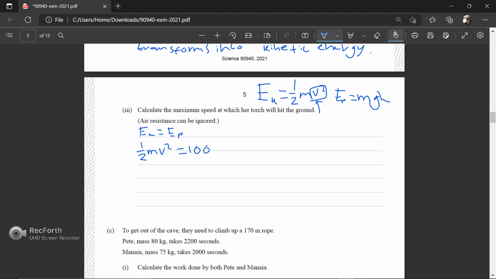So we're just going to solve for v. Rearranging this for v, we get v equals the square root of 1,000 divided by half the mass, which is half of 1, so I will just put 0.5.